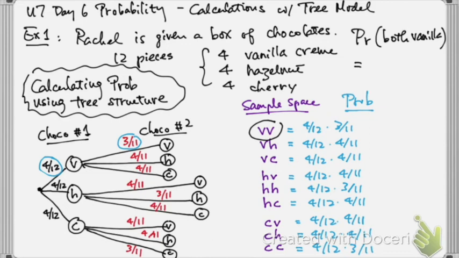That's the only outcome that will satisfy my criteria. So in that case, it's simply that probability. So it's 4 over 12 times 3 over 11. And you notice 4 times 3 is 12, so that cancels out, leaving just 1 over 11. And it's the same answer as what we calculated using the method of combinations.